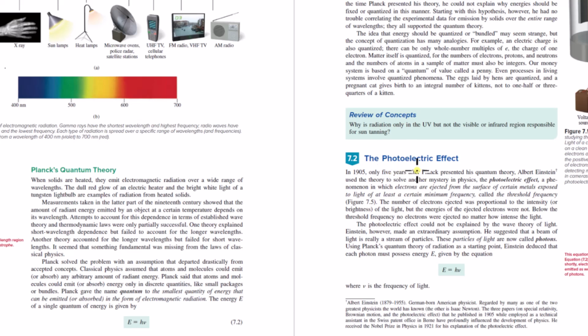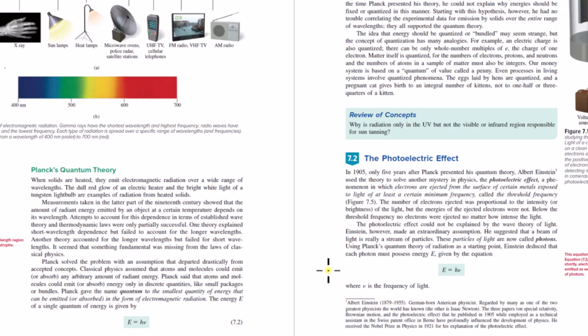Okay, next they talk about the photoelectric effect, and I go into more detail on what the photoelectric effect means in the quantum theory video. But what they're talking about is that it was a few years after Planck published his paper, and they were trying to understand what's called the photoelectric effect, which is when current is given off, or electrons are emitted from a metal surface when you shine electromagnetic radiation on it.